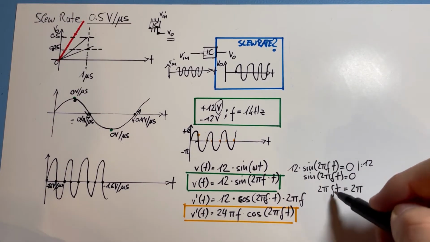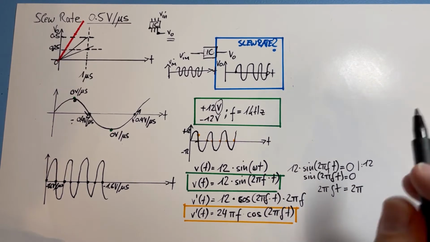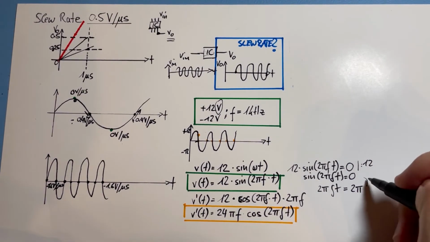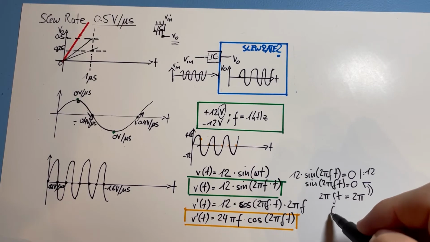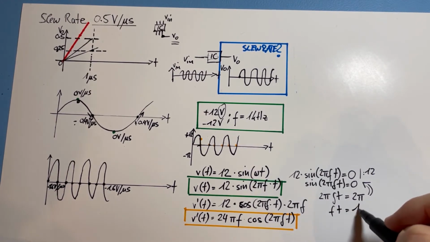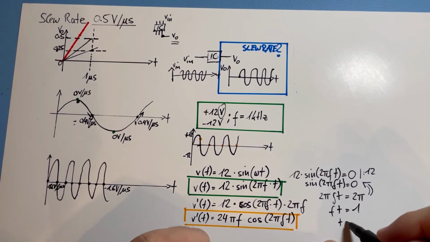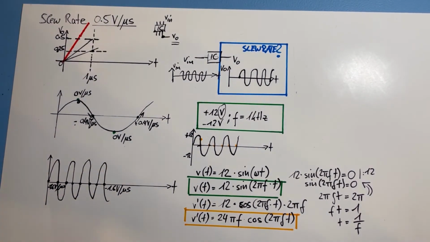This is no equivalent transformation here, it's just an example. And when is that the case? When ft equals 1, or when t equals 1 over f. Okay, t equals 1 over f.